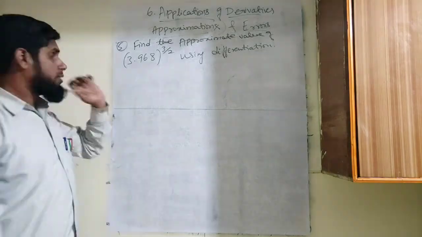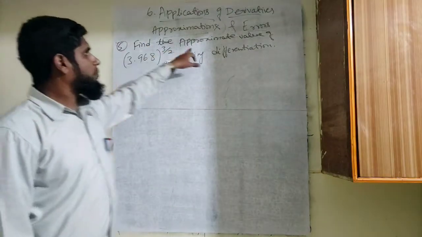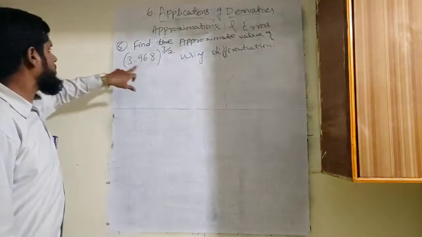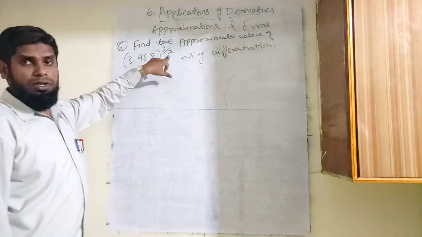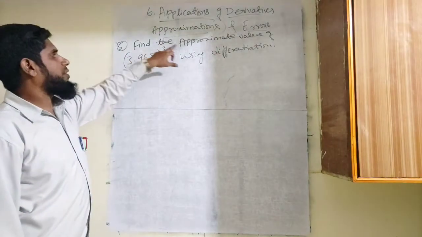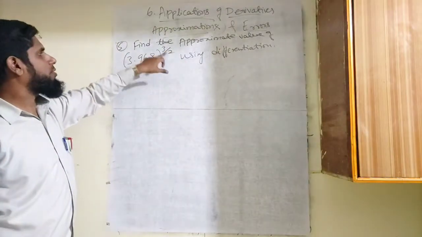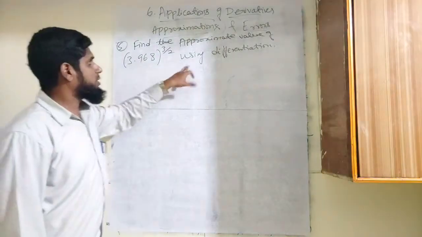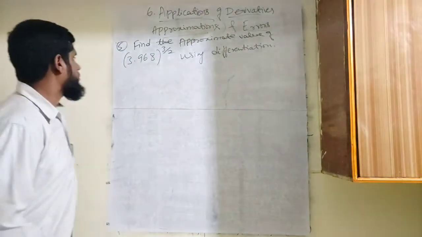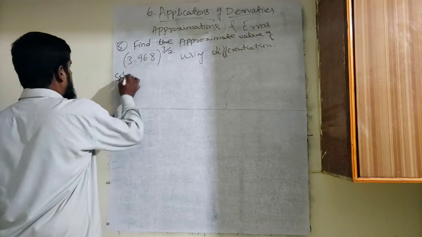This question is asking us to find the approximate value of the function 3.968 whole power 3 by 2. That is the square root of the number, whole cube. Let us write this.